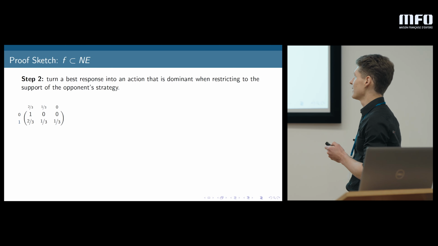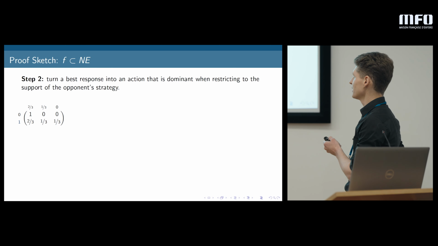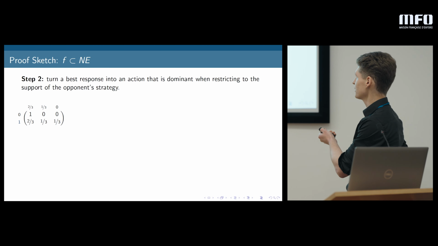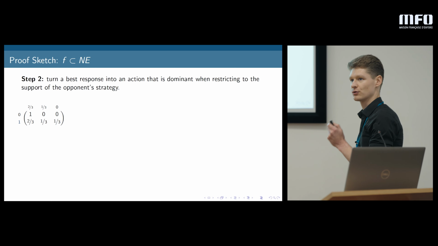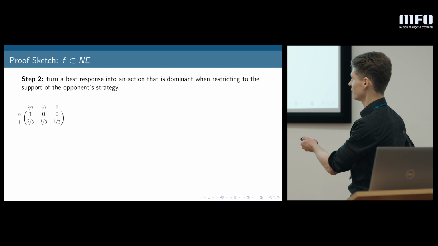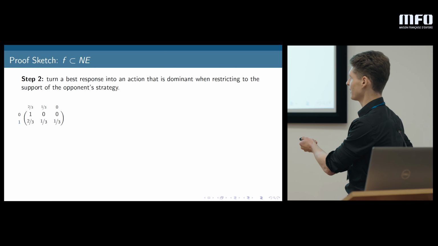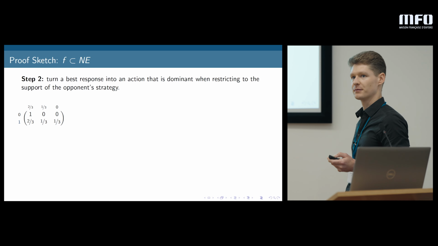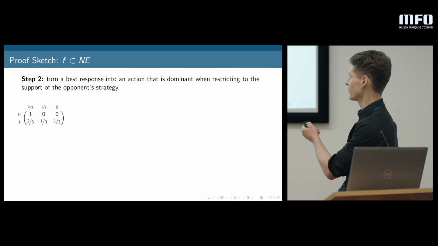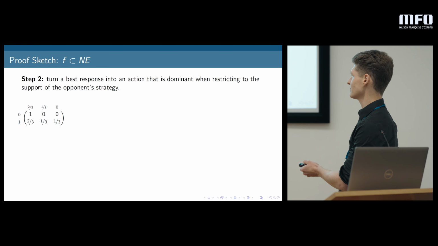Okay. So step 2 will be to move from a situation where one player has all probability on a non-best response to one where this action is dominated when restricting to the support of the opponent's strategy. So we won't get quite to domination, but when you restrict to the first 2 actions of the column player, then it will be dominated. And the argument here will be very similar to the one before, except that now we do the similar argument for the column player.